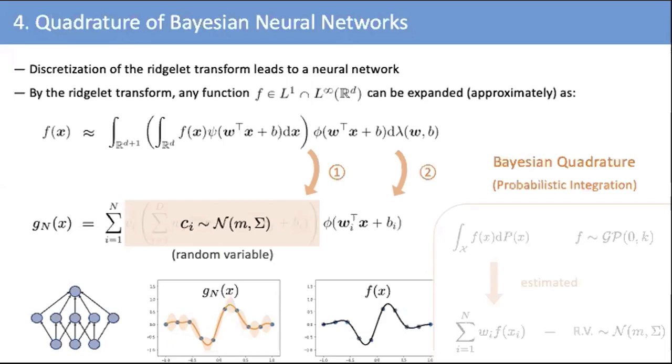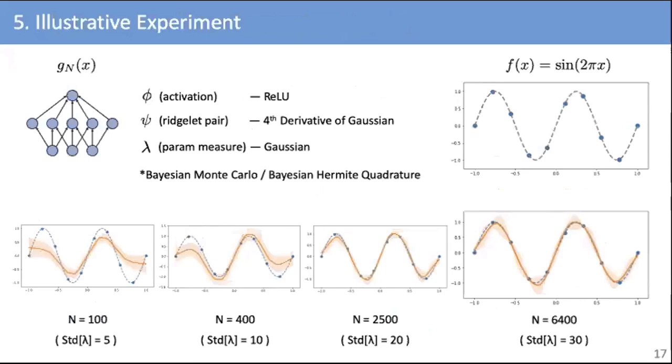Okay, so this is the whole procedure to construct a Bayesian neural network. As the last section of this talk, I'm going to show you an illustrative experiment of this procedure. I prepared ReLU activation neural networks and constructed them based on Bayesian quadrature, like I already mentioned in the previous slide.